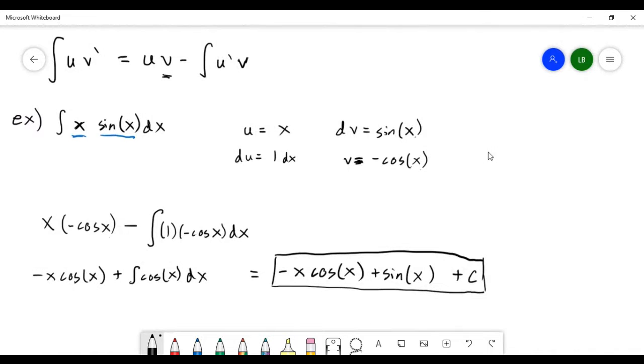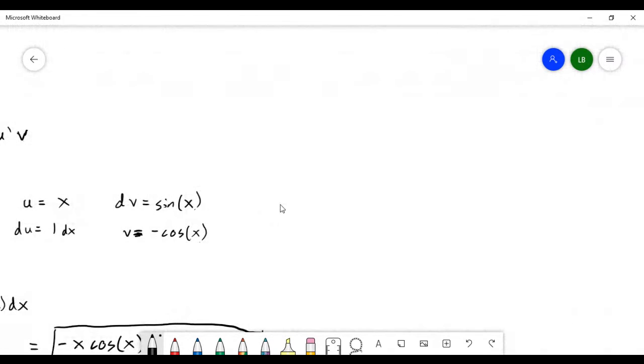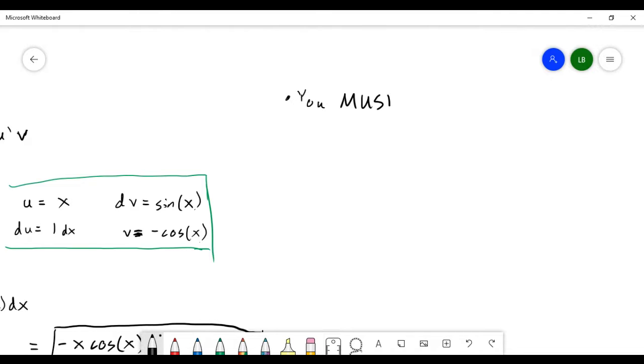A couple of other brief notes about integration by parts. You'll notice that I set up a nice little system right here where I set u and dv equal to some things. In general, the first thing is you must be able to integrate dv, because if you can't integrate dv, you have no way of finding this v term.